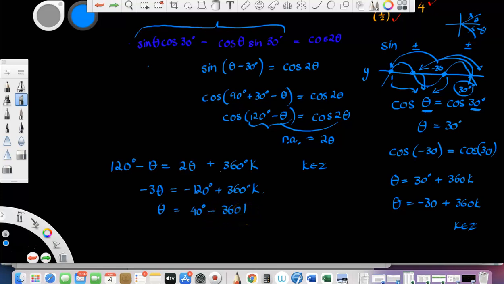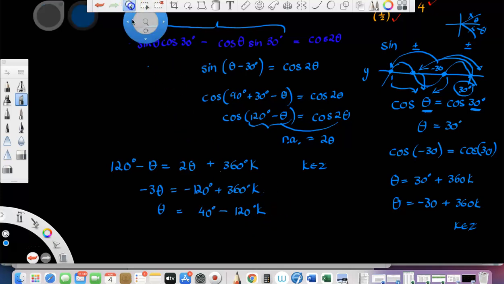Sorry, I should divide it. Okay, so theta is 40 degrees plus minus 120 degrees, sorry, times k. That's important. So this must also get divided by that 3, of course. And yeah, there's my one solution.